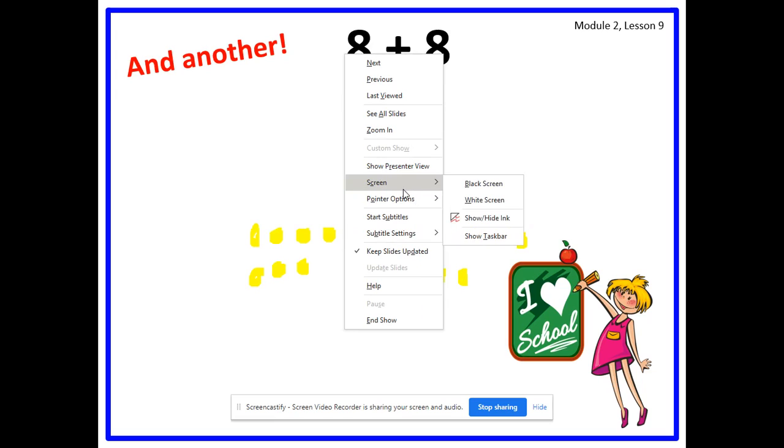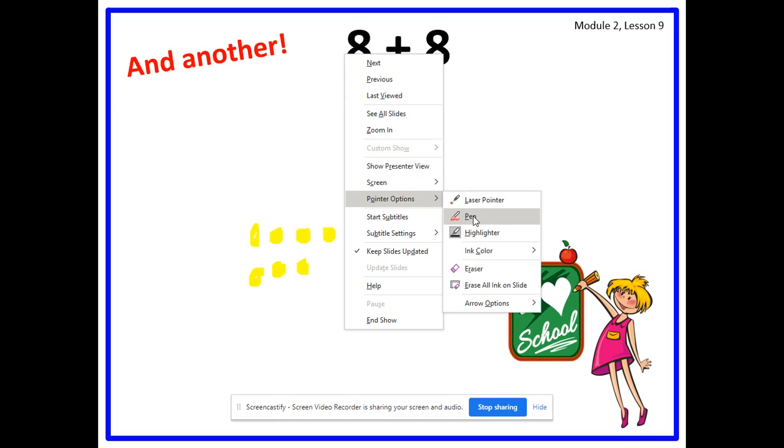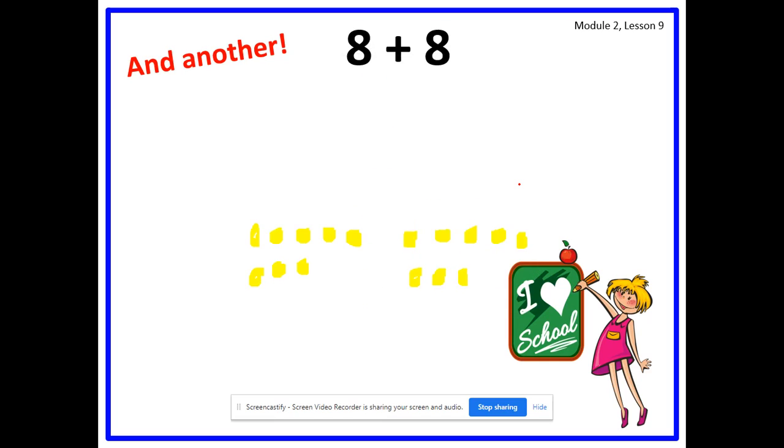Now, go ahead and circle the parts in your drawing that make 10. Press play when you're ready to check your work. Ready? You should have circled 8 and 2 more because 8 and 2 make 10.